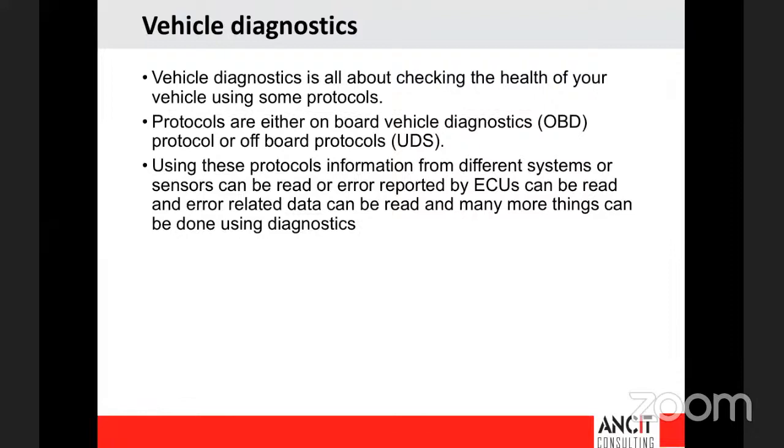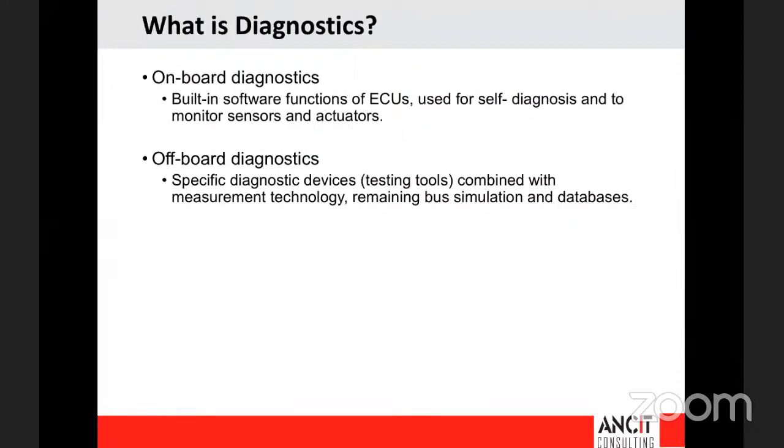In onboard diagnostics, we find out if there is any error happening in the system, and it is indicated on the dashboard through a malfunction indication lamp. That is what we primarily focus on in OBD. In terms of offboard protocols, we have a lot of other protocols like UDS. So that is a quick background about vehicle diagnostics.